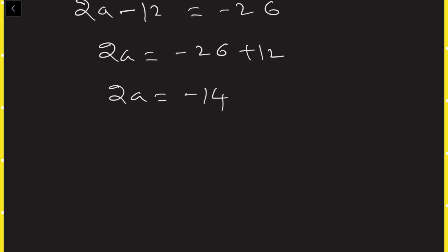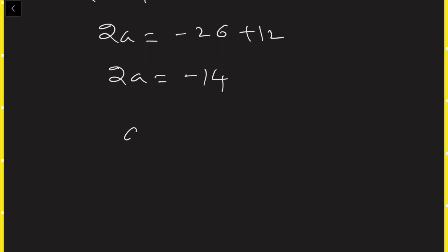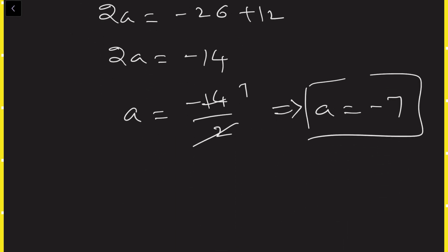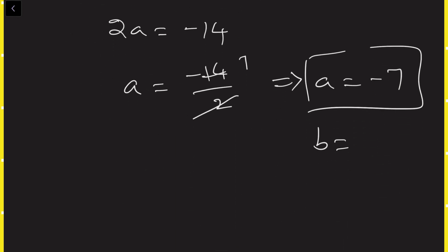So a value we want, then take 2 also to the right side. So a equals minus 14 divided by 2. 2 7s are 14. Then a equals minus 7. Already we got the b value as minus 12 and a value is minus 7. So a value minus 7, b value minus 12.